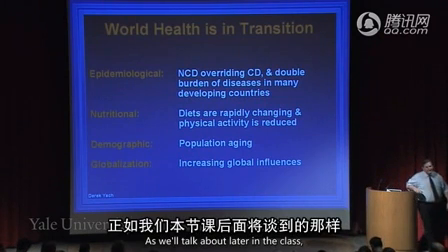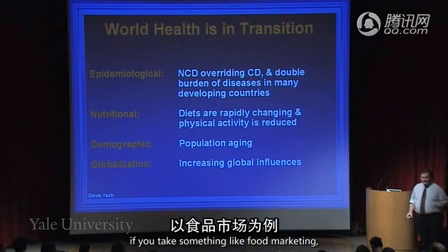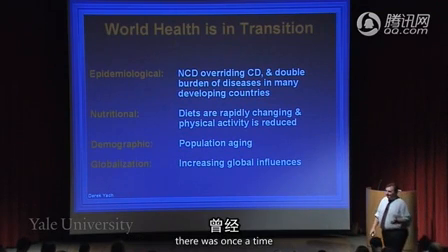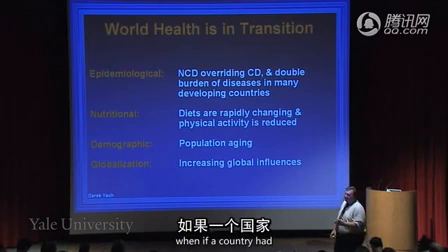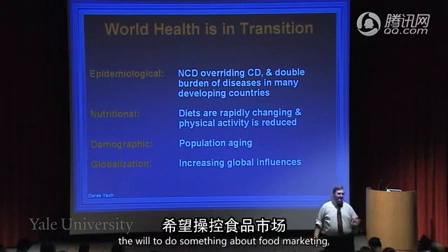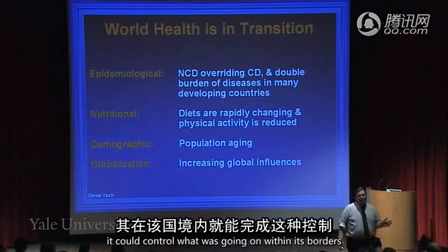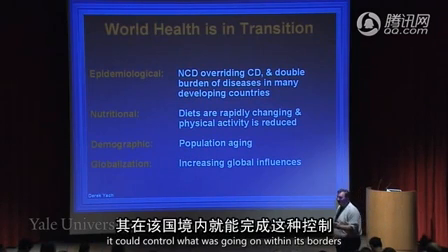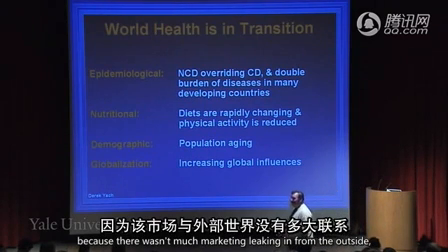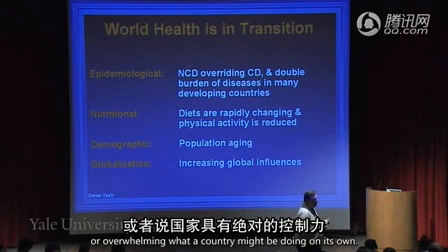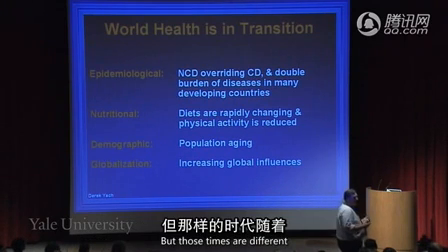And as we'll talk about later in the class, if you take something like food marketing, there was once a time when if a country had the will to do something about food marketing, it could control what was going on within its borders because there wasn't much marketing leaking in from the outside or overwhelming what a country might be doing on its own. But those times are different.